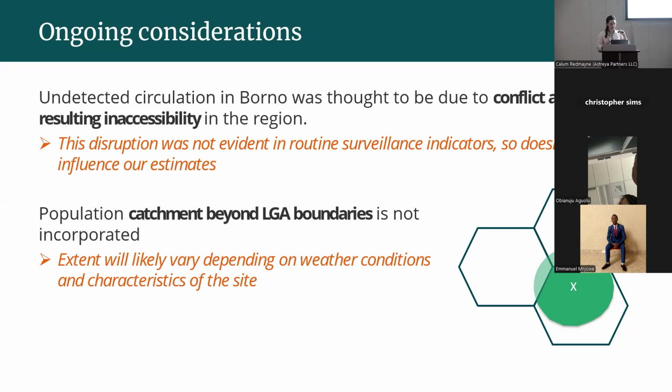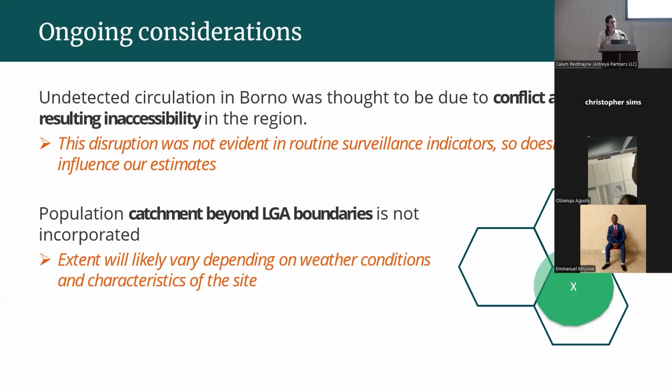And then secondly, the fact that population catchment of environmental surveillance in the way we've formulated it here is only defined within the LGA boundaries, so within the LGA where the sampling site is. And so we lose some of that coverage that leaks over into neighbouring LGAs.